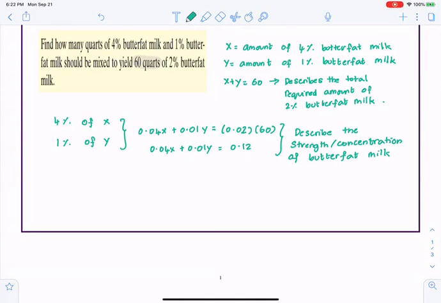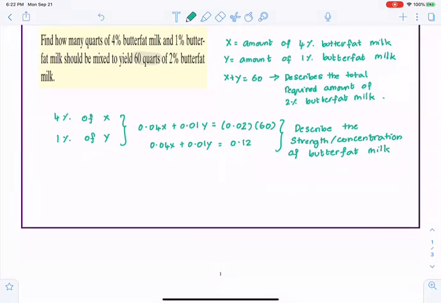Some people love fractions, some do not. Some people like decimals and some do not. We can rewrite this equation by getting rid of the decimals by multiplying the second equation by 100.